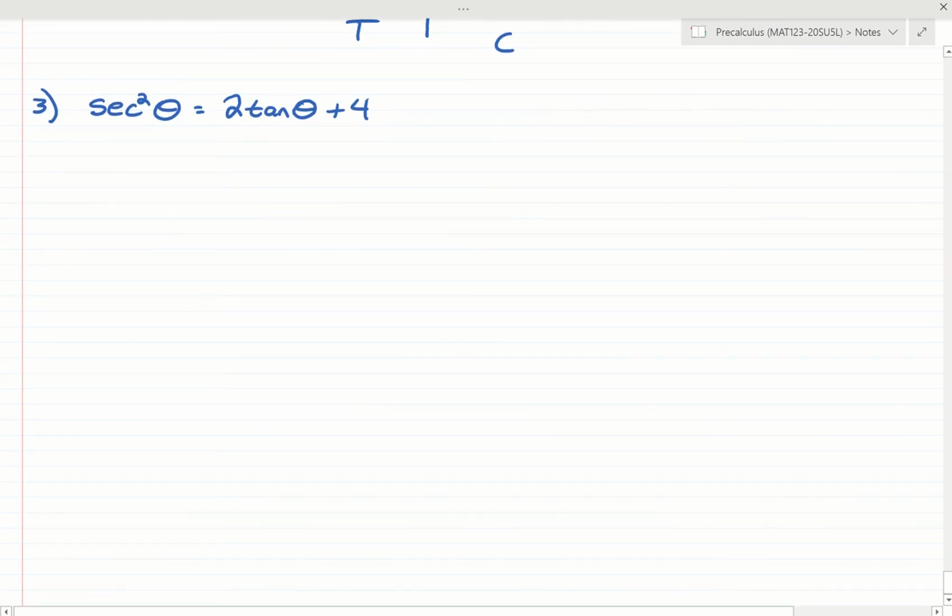So let's get everything on the same side. Secant squared of theta minus 2 tangent of theta minus 4 is equal to 0. And this is where it gets a little tricky because we have different trig functions. But we do have a Pythagorean identity.